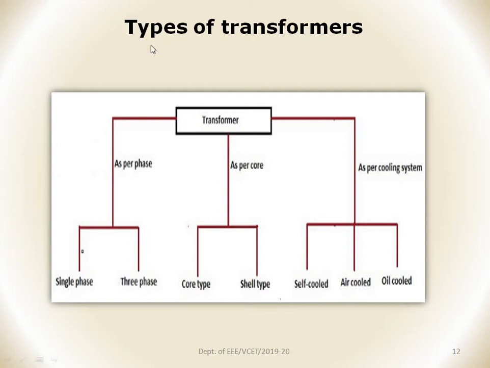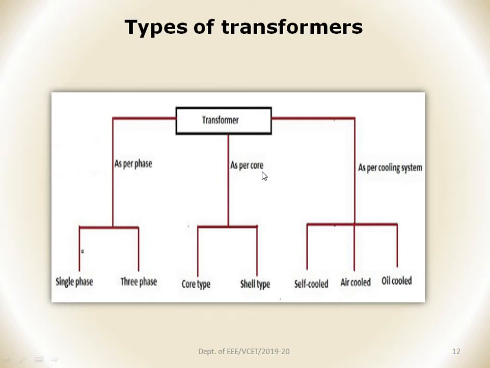Next we will pass on to the classification of a transformer. A transformer can be classified under three categories: based on phase, based on core, and based on the cooling system. Based on phase, it is classified into two types: single phase and three phase.